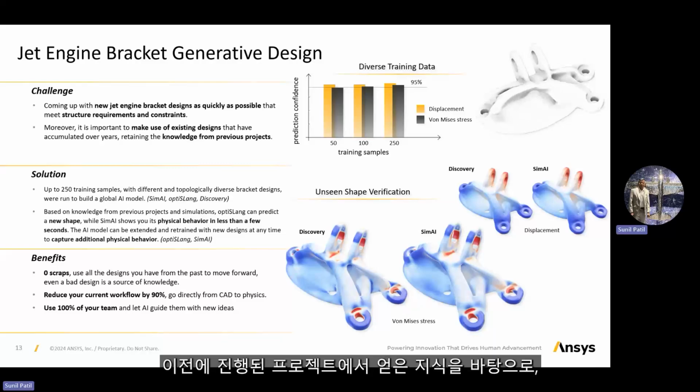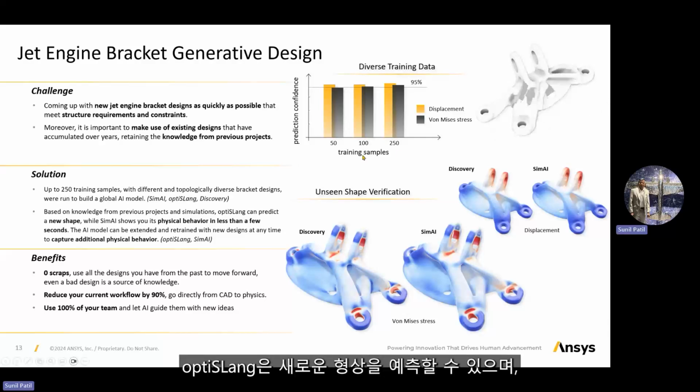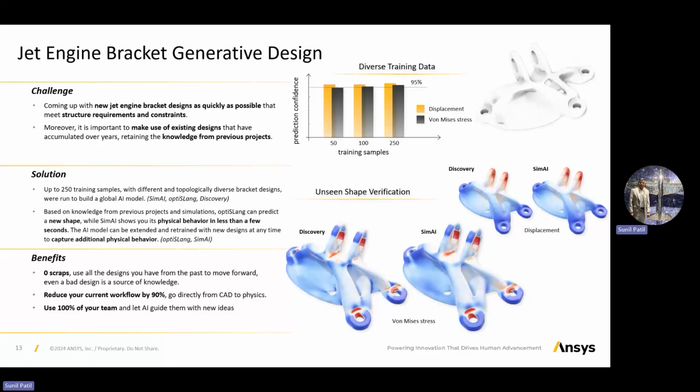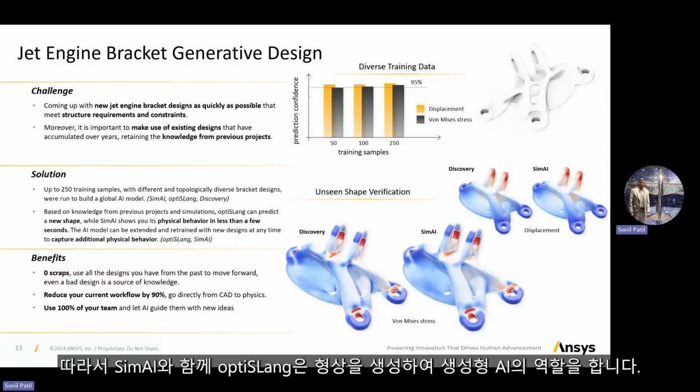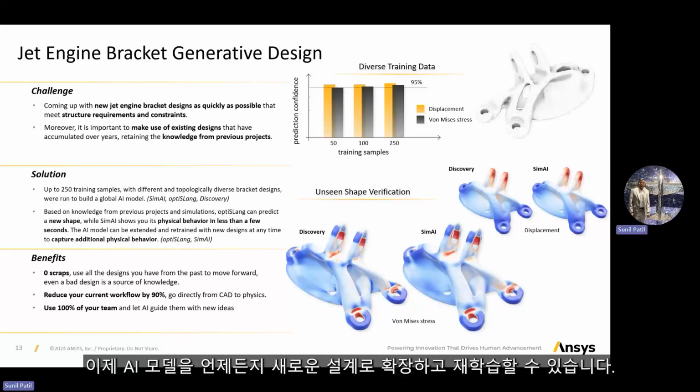Based on the knowledge from the previous projects and simulation, optiSLang can predict the new shape, while SimAI builds the AI model which predicts the physical behavior in just a few seconds. So SimAI together with optiSLang to generate the shape acts as generative AI. Now, the AI model can be extended and retrained with the new designs at any time.